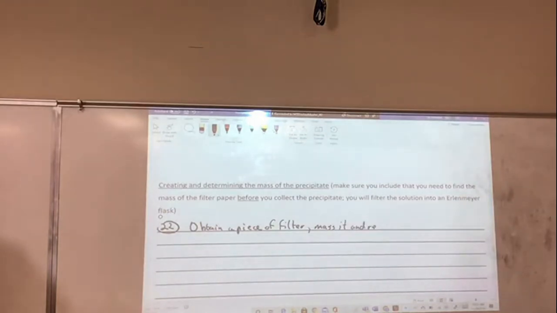Okay, now I probably should have for some of the other things said record the mass of those things too, but we didn't. But just for future reference, usually when you mass something, you record the mass somewhere. Mass it, record the mass.